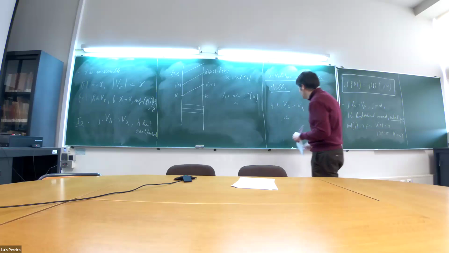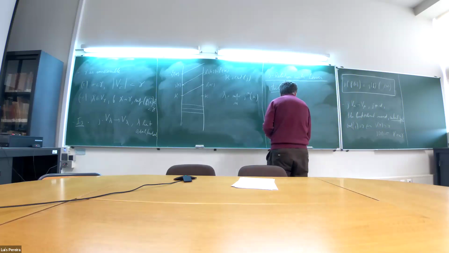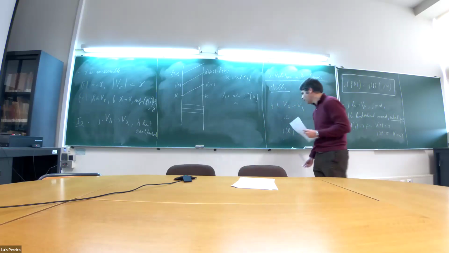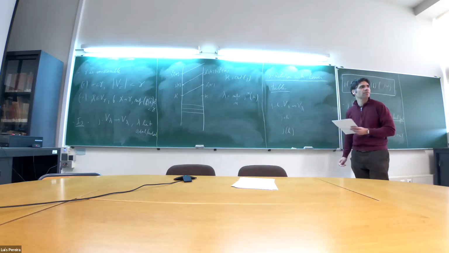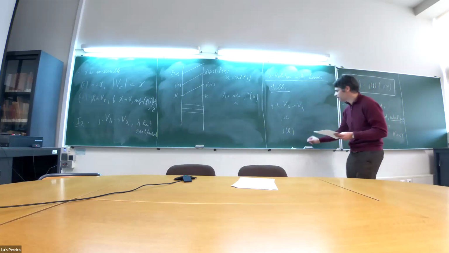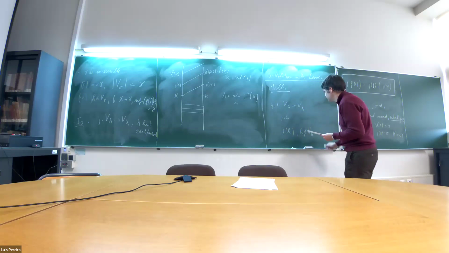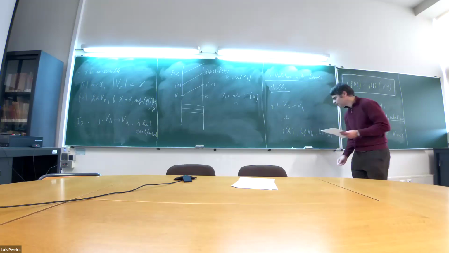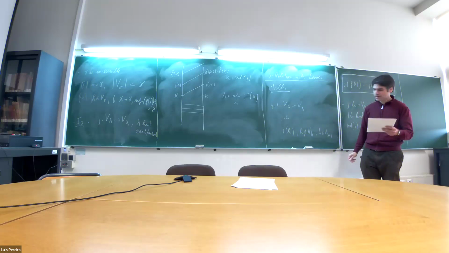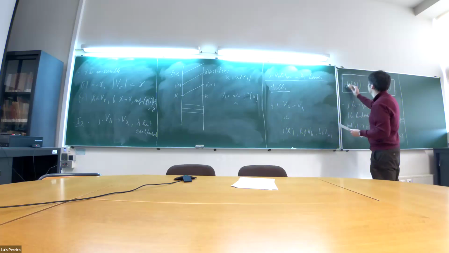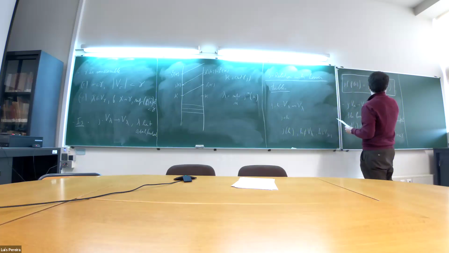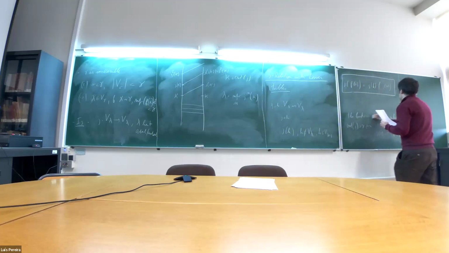Something more interesting would be J applied to H. The problem is that H is not in V lambda. H is in V lambda plus 1. So how can we, I'll leave this here.